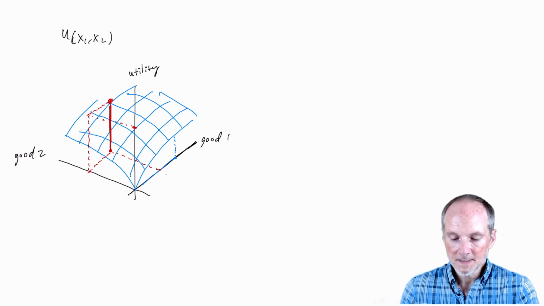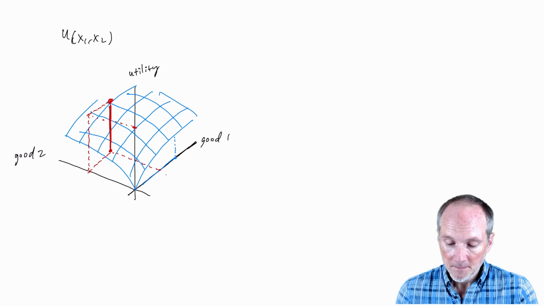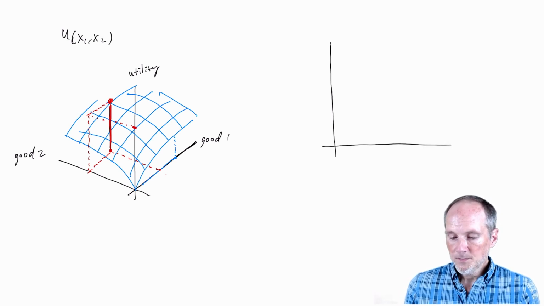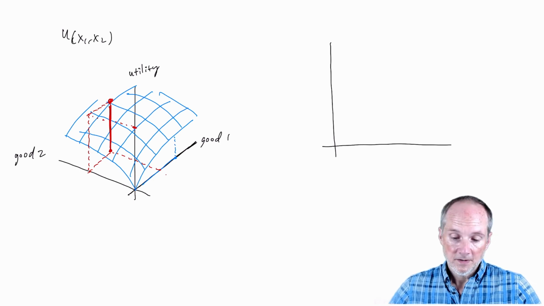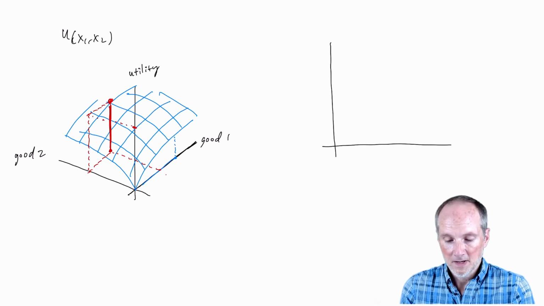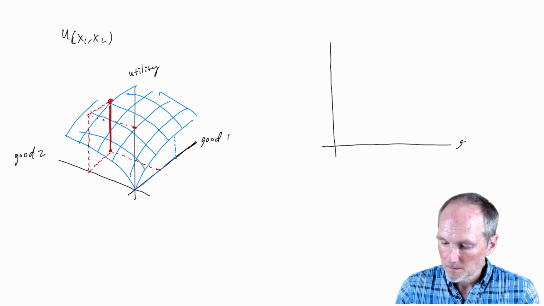It's okay to get insight, but really, instead of trying to graph this whole utility function, what we would normally do is graph kind of a topographical map of this utility hill.